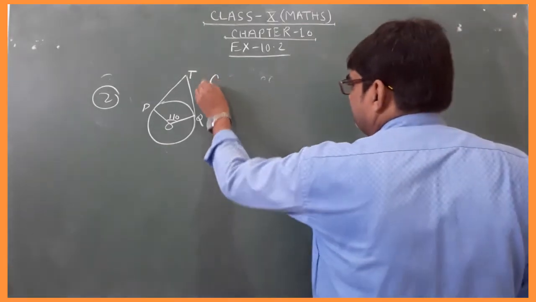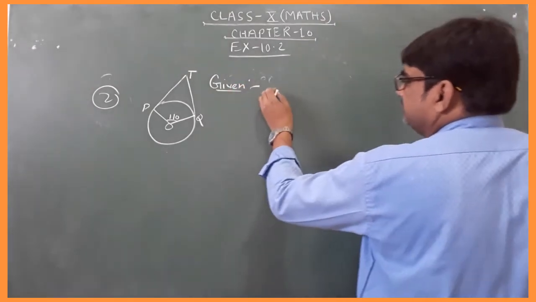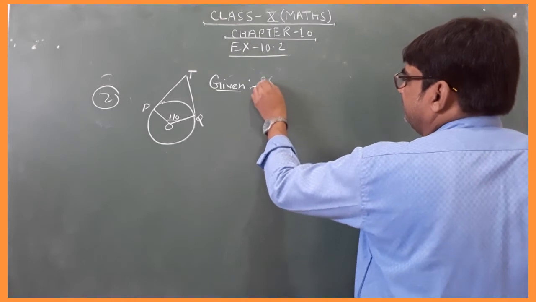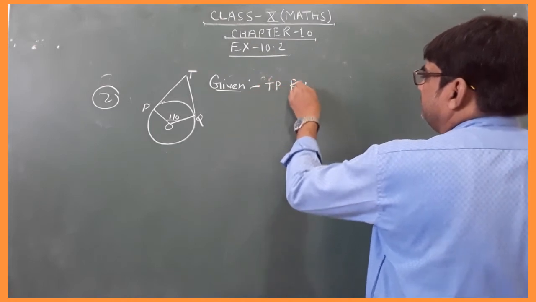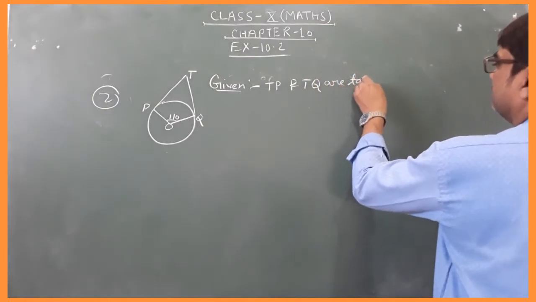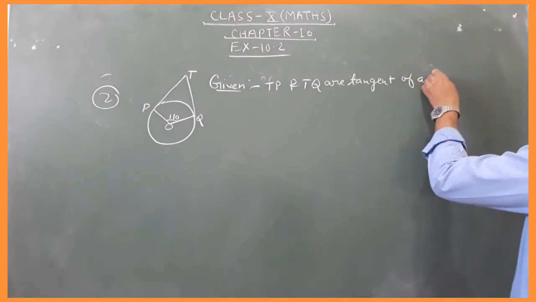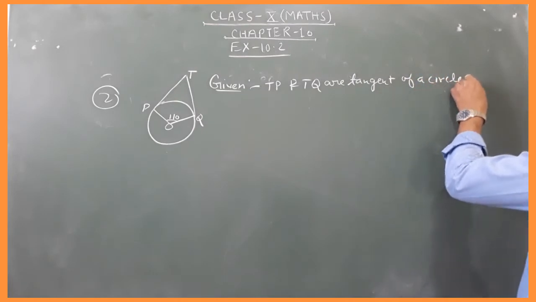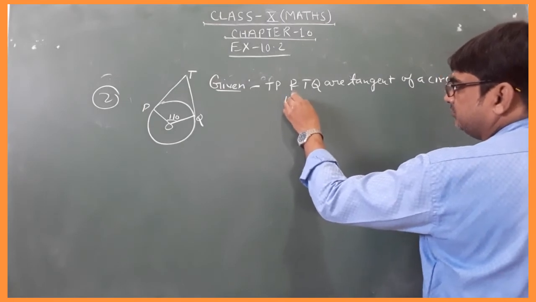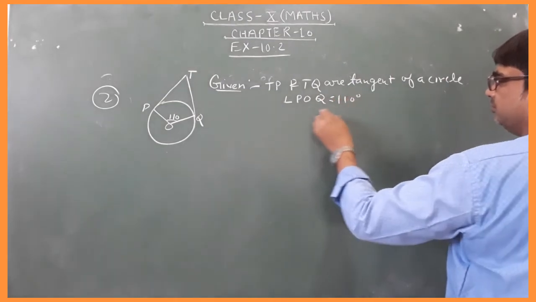Given: TP and TQ are tangents of a circle, angle POQ is equal to 110.